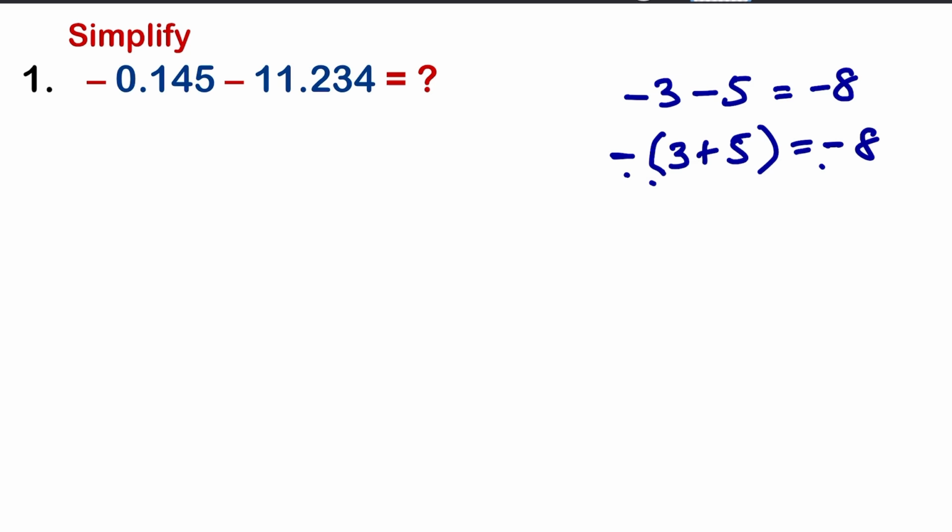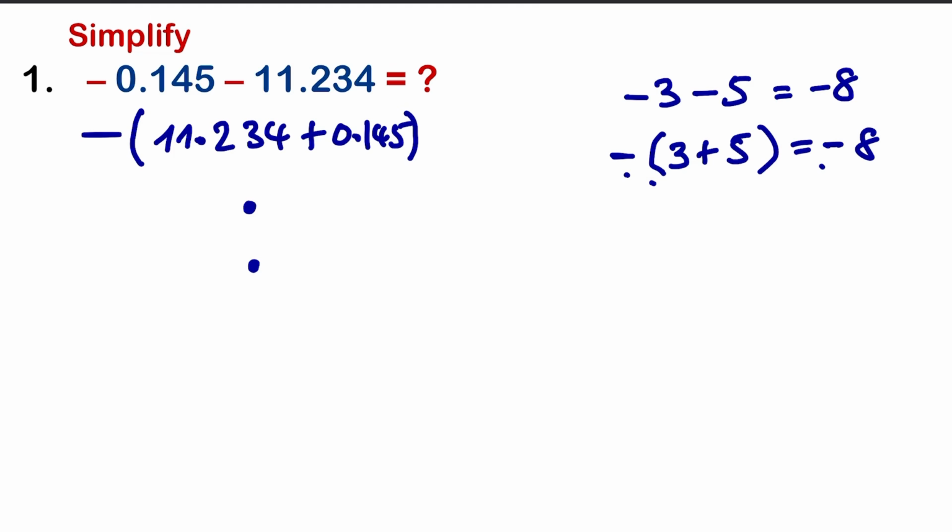So here we can factorize out our minus. Then we are going to have 11.234 plus 0.145. When adding decimals, always make sure that you write the decimal points on the same line.